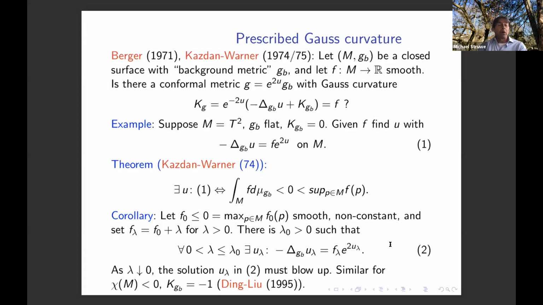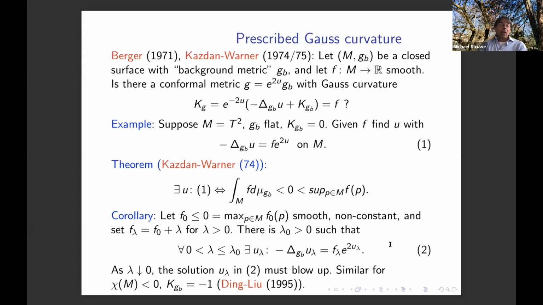When the Euler characteristic of the surface M is negative, and we endow it with a background metric of constant curvature -1, then there are unstable solutions u_lambda, which are characterized as minimax for the corresponding variational problem, that blow up as lambda tends to 0.